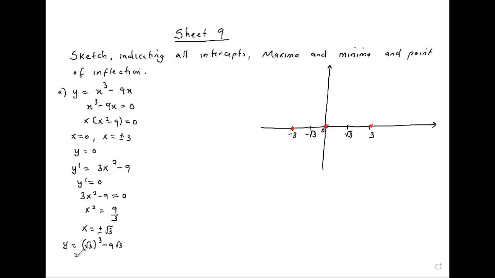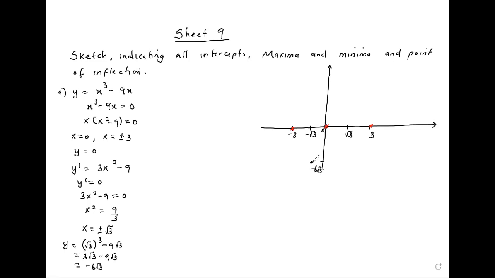So we get 3 root 3 minus 9 root 3, which is equal to -6 root 3. So here we have -6 root 3, a point.